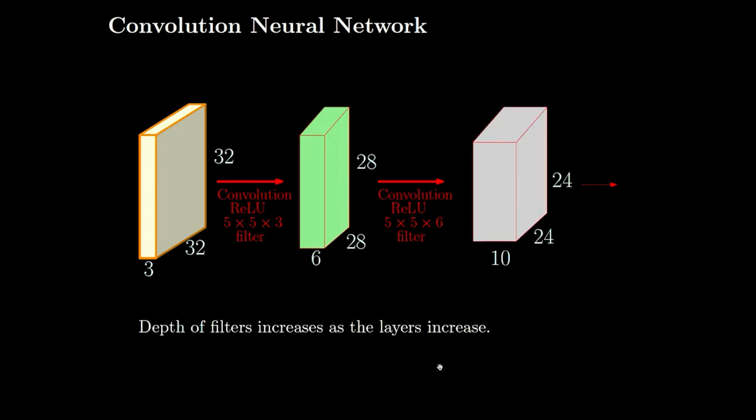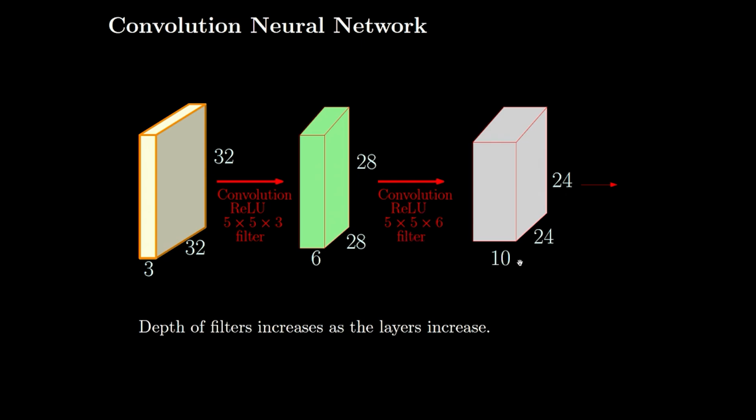What happens in the CNN architecture is we stack multiple convolution layers after one another for feature extraction. Here we see that we have 5 cross 5 cross 3 filters, 6 in number, therefore the output obtained is 28 cross 28 cross 6. In the next layer, we have filters of size 5 cross 5 cross 6 and 10 such filters.